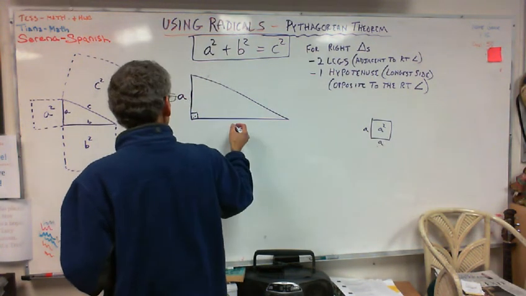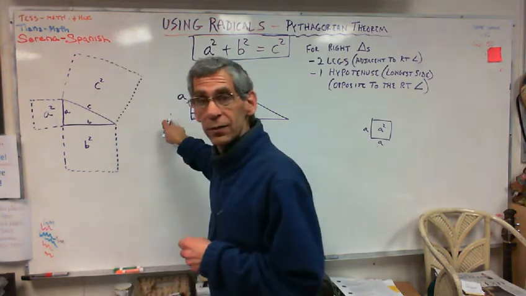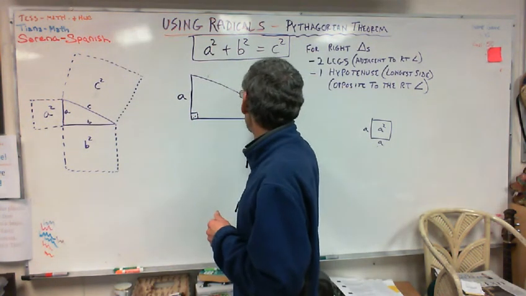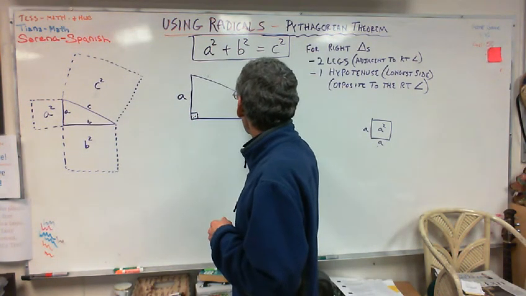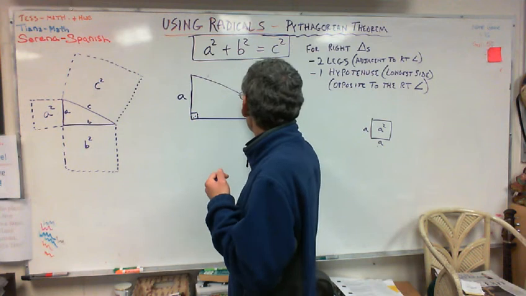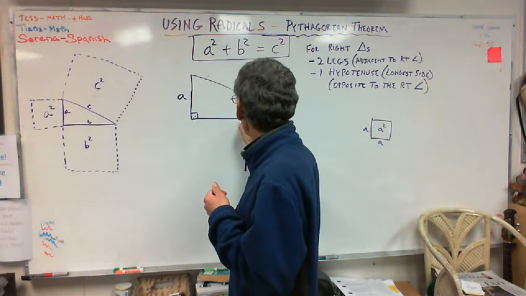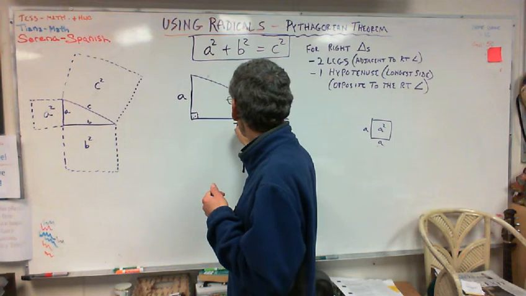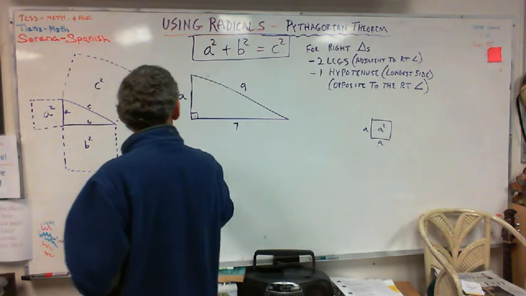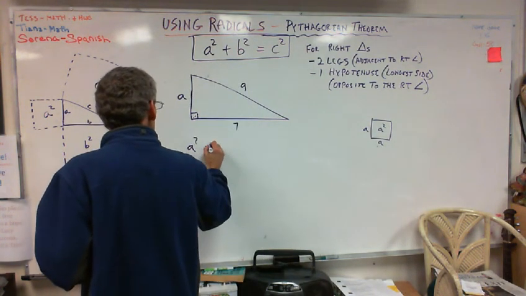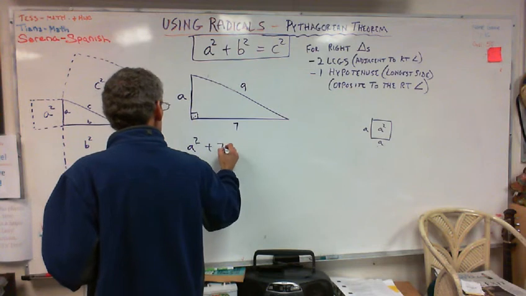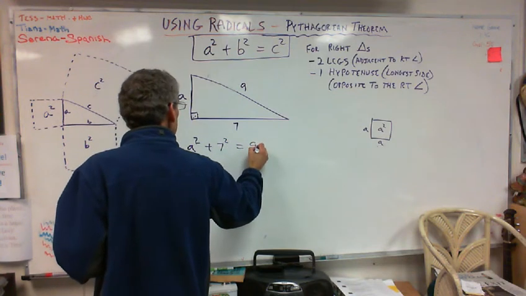So this is a, and we don't know what a is, and we'll say c is 9, and we'll say b is 7. Okay, so we've got a squared plus 7 squared is equal to 9 squared.